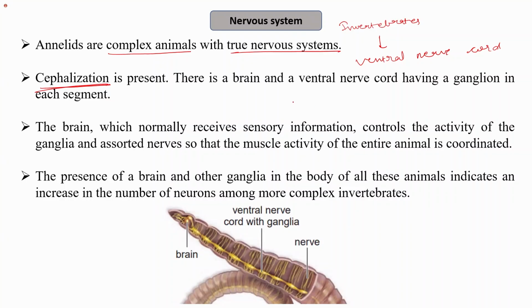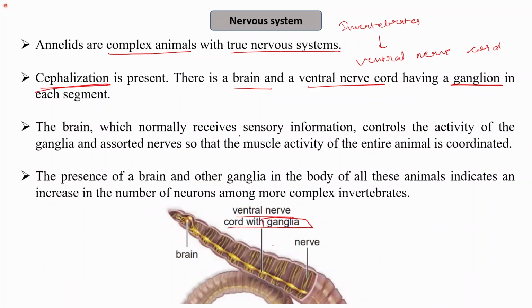There is a brain and a ventral nerve cord having a ganglion in each segment. Ganglia are actually tufts of nerve cells. So they have a ventral nerve cord with ganglia in each segment, and these nerves are present all over the body.